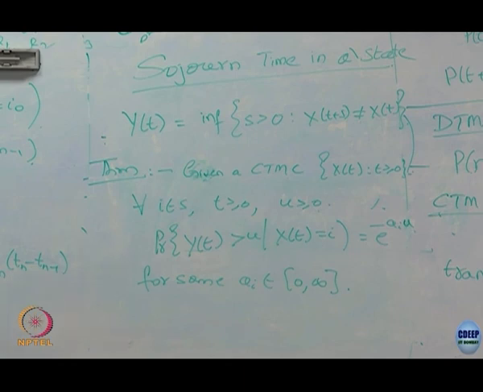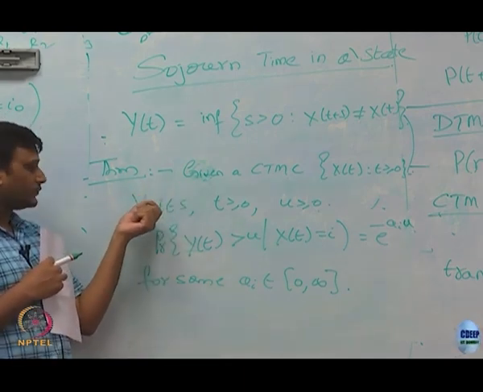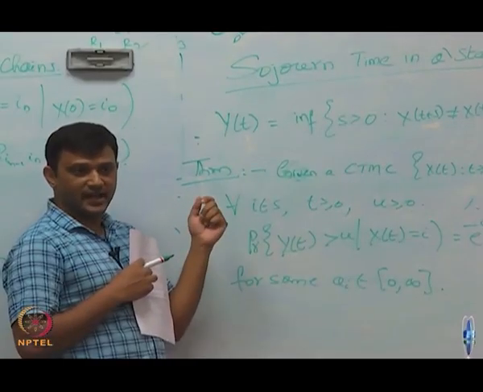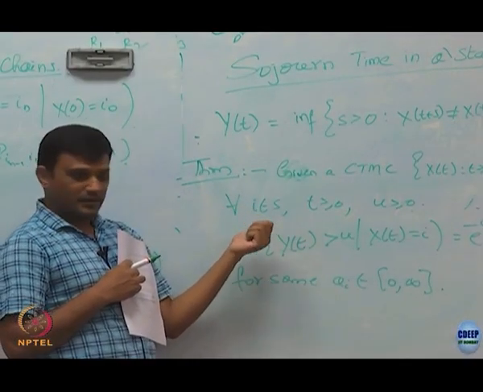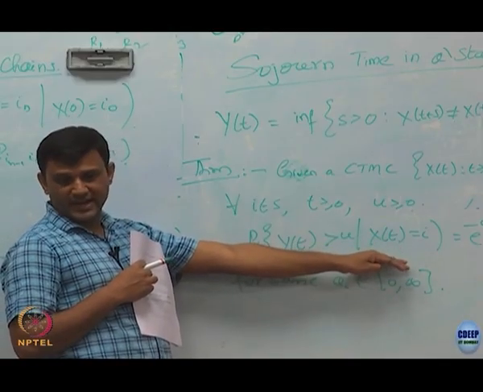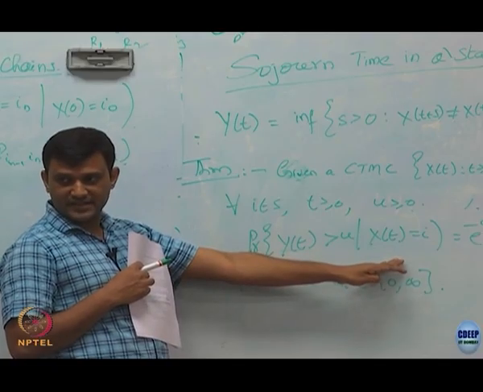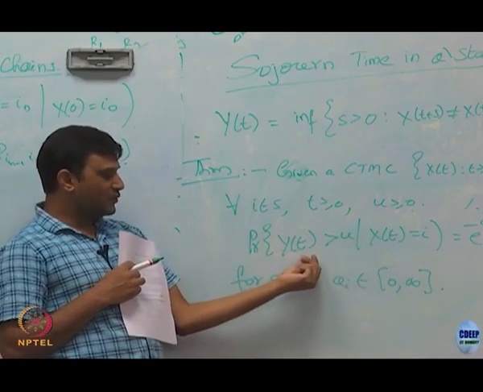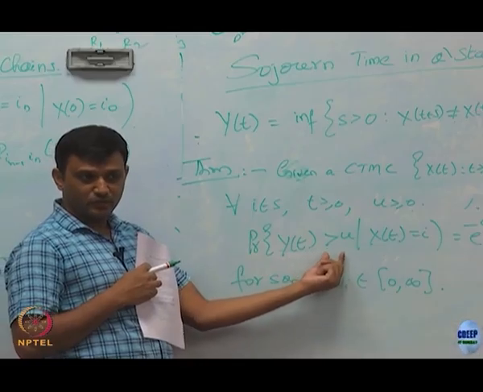So what it is saying is, let's focus on a particular state i at time t. You are given that at time t, you are in a particular state i. Now what is asked is the probability that Y_t is greater than u. What does Y_t greater than u mean?